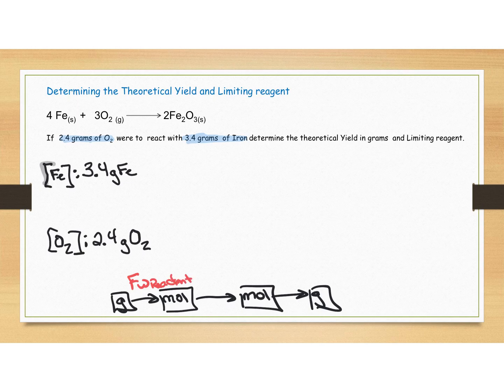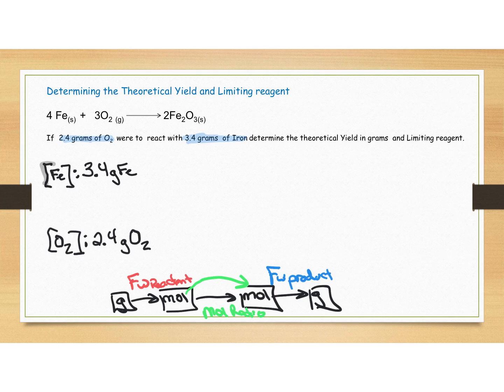And to go from moles back to grams, I'm going to use the formula weight of my product. And then the new concept, to go from moles to moles, I use the mole ratio. Okay, so this is going to be our solution map for determining these particular problems.